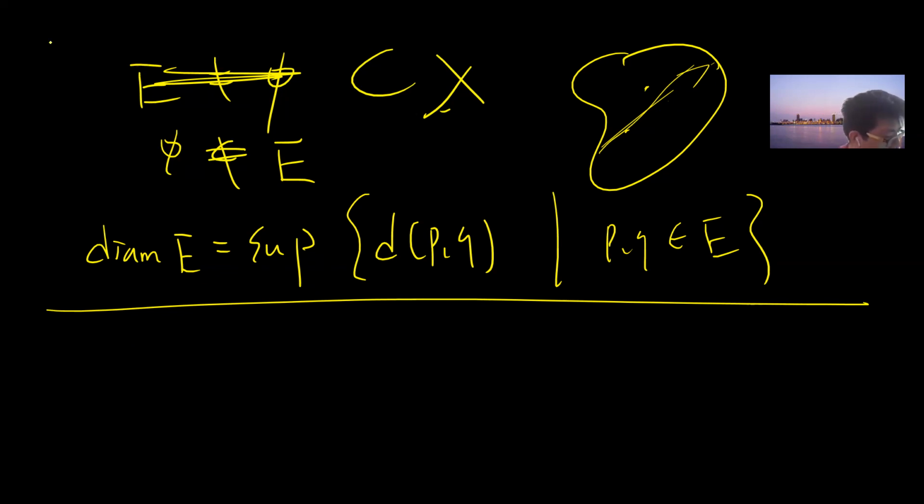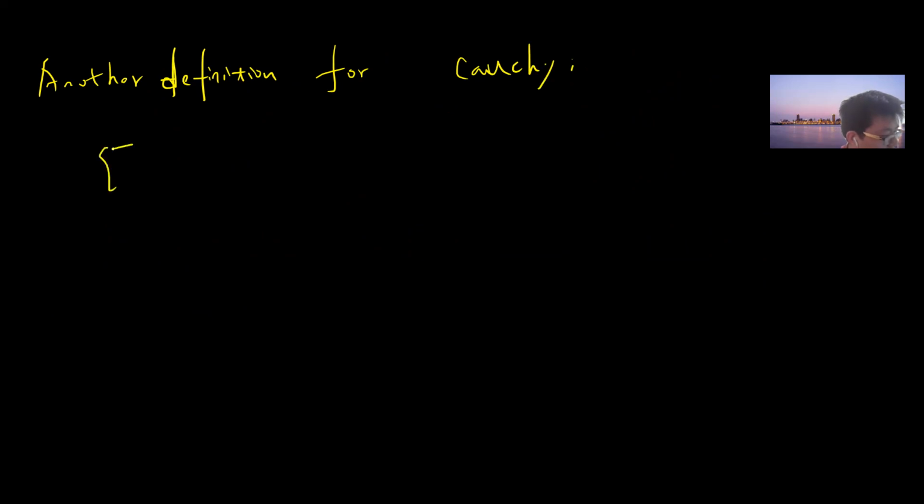Okay, so there's another definition. I will not prove it for you, but you can check. Another definition for Cauchy is that let's say you let E_n be the set {p_(n+1), p_(n+2), ...}. You take it as a set, right?